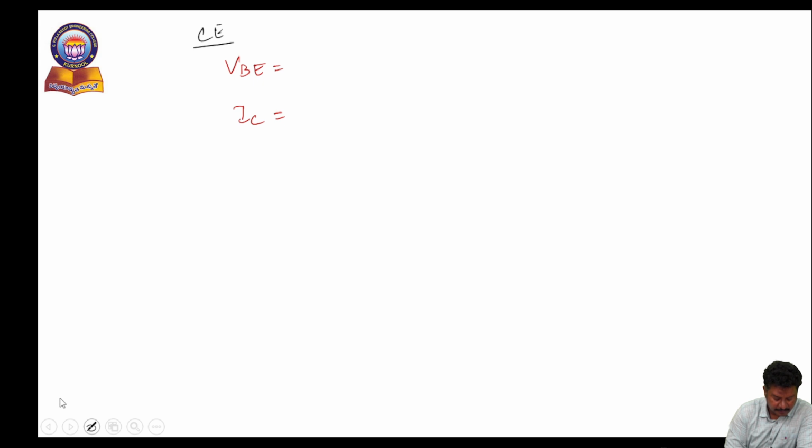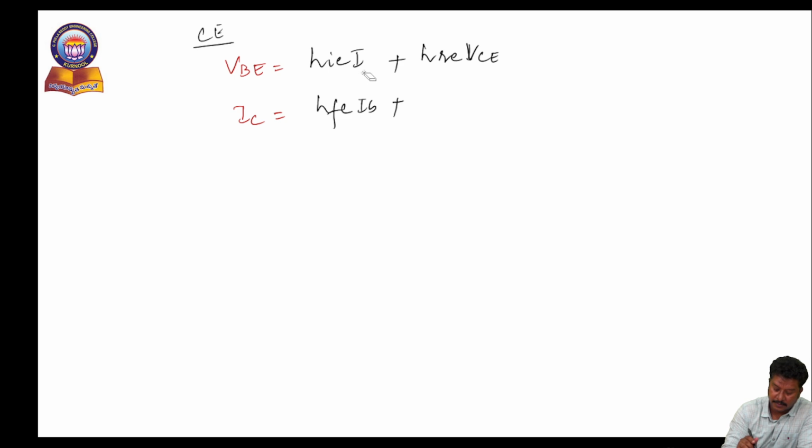And from that I frame VBE equals HIE IB plus HRE VCE, and IC equals HFE IB plus HOE VCE.